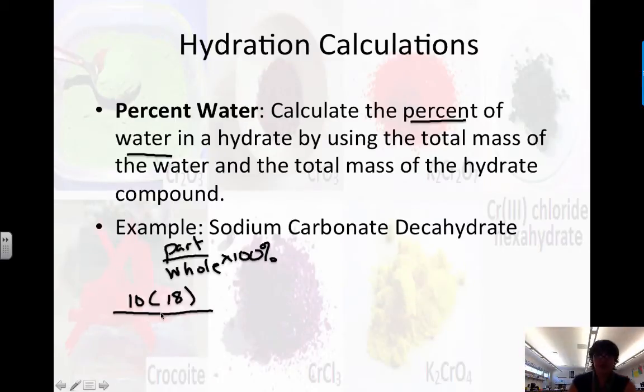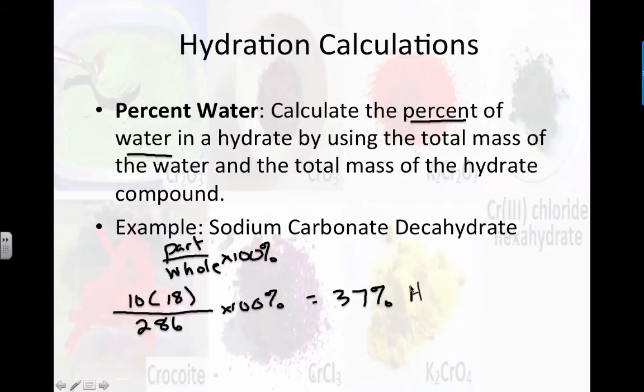Yep. 286 grams per mole. And then we'll turn that decimal into a percent. So I end up with 37% of this substance is water. So if I ask for the percent of water, then the water part goes on top. But if I ask for the percent of sodium, then we would just take the piece that is sodium, just like we do any percent composition.